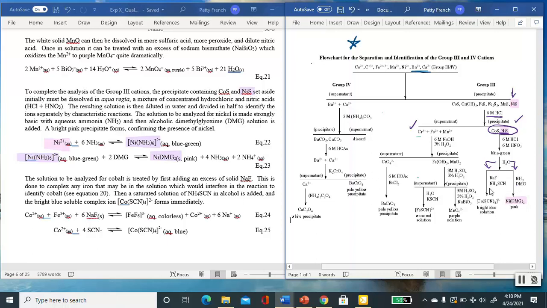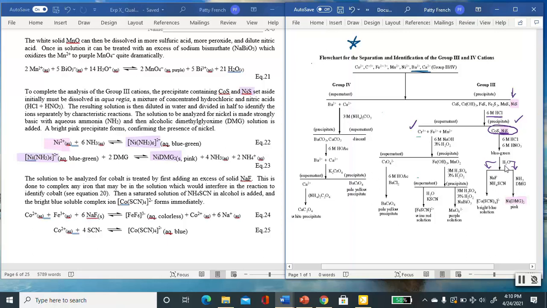And since the cobalt test doesn't interfere with nickel and the nickel test doesn't interfere with cobalt, we can do that. So again, we used aqua regia on it to dissolve it, and it became sort of a bluish-greenish solution.